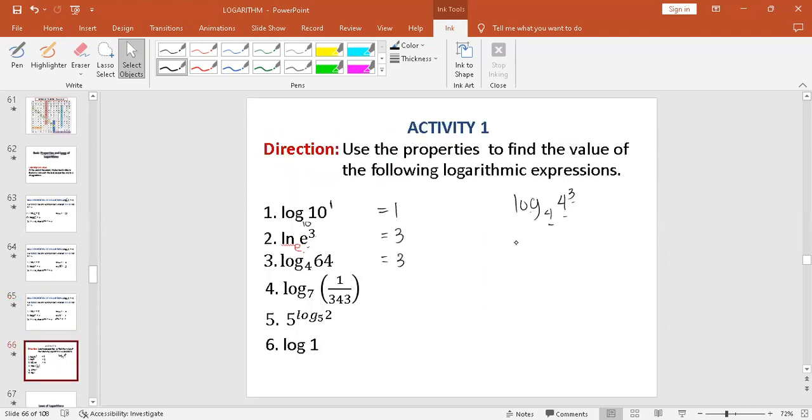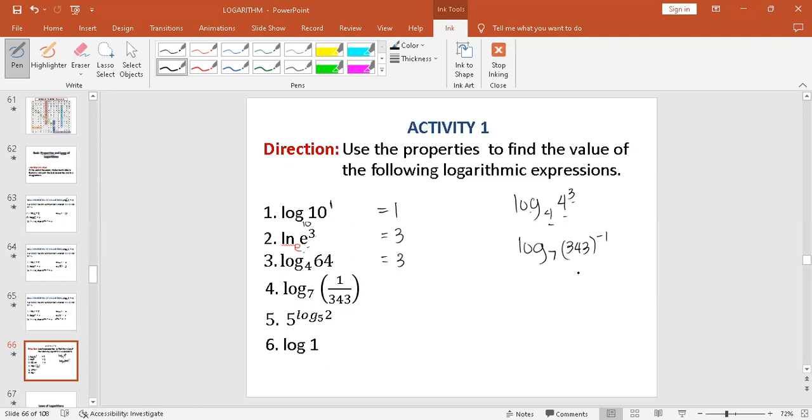Number 4 can also be expressed in this form. So, log to the base 7. Yung 1 over 343, pwede natin yan kunan ng reciprocal, di ba? So, it will become 343 over 1 or simply 343.